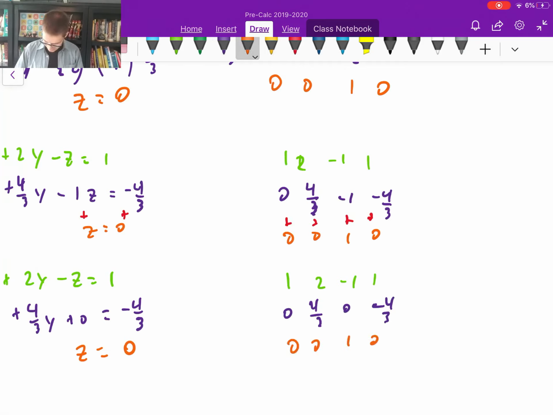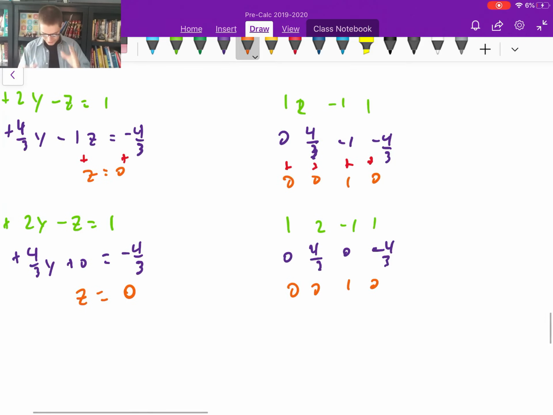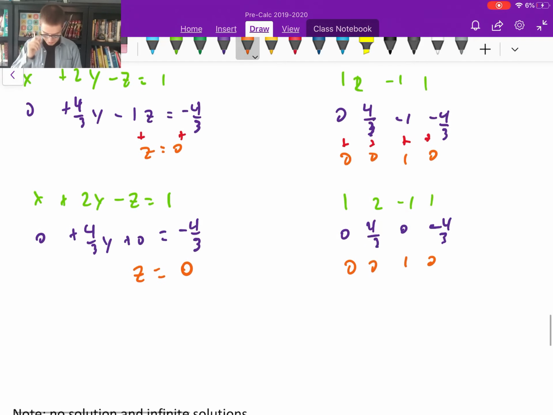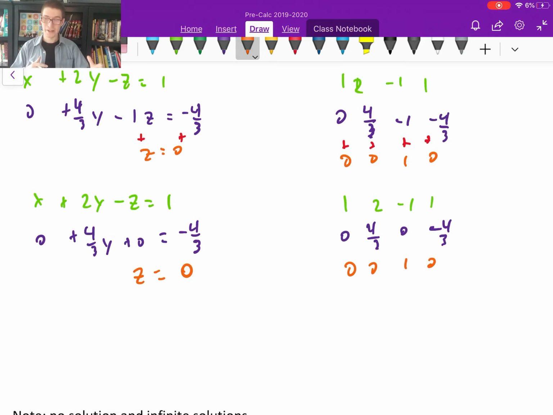Okay, now from here, we can say we got 4/3 y equals negative 4/3. We can pretty simply solve for y here. If I multiply both sides by 3/4, I will figure out what y is, because that'll eliminate the coefficients.